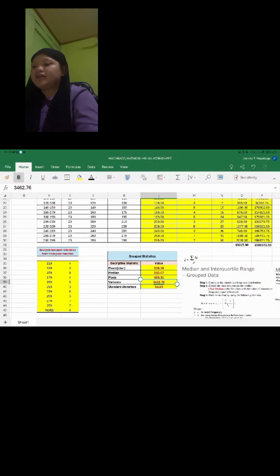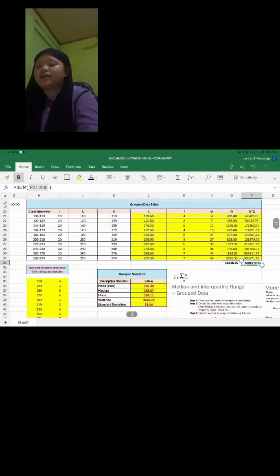How did we get the variance of this? You take the fx squared total and divide it by 50, and then the 206.30, you square it, and after you have the calculations, you subtract both.